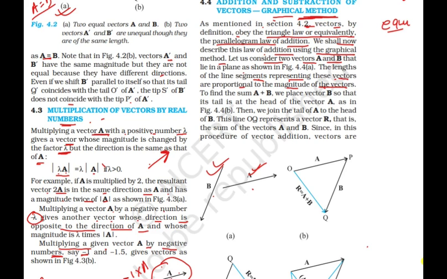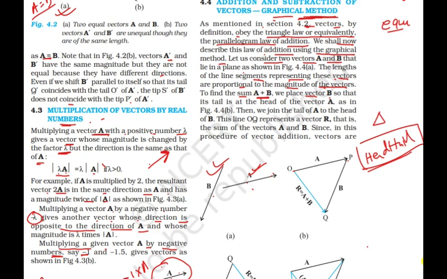Now, to find the sum A plus B, we have just shifted vector A to this point and place vector B so that its tail is at the head of vector A. This is the head-tail method, or triangle law.